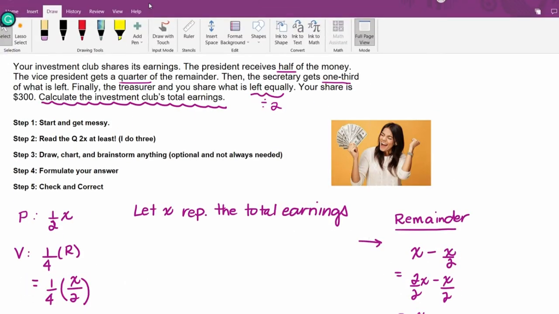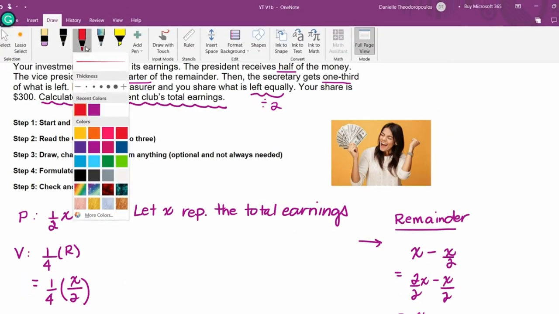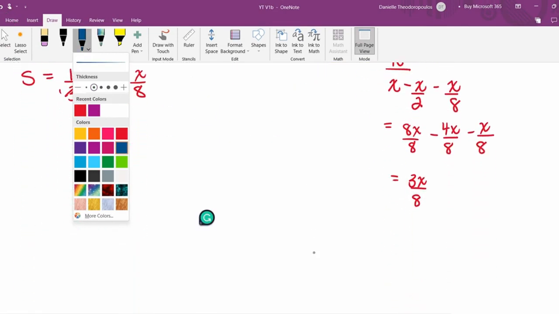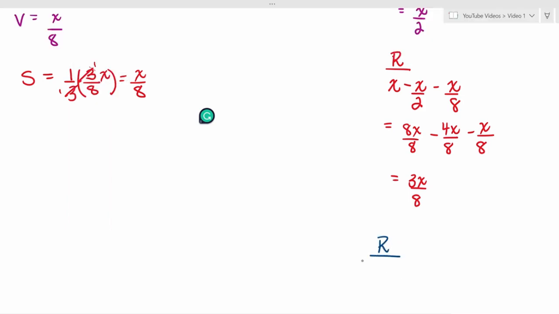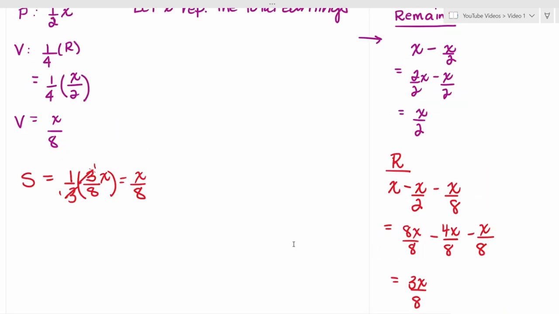Okay, we need to go for another color here because we need to get another remainder. What is left after these people all take their share? So a new remainder. What's the remaining piece for us? We are going to take the full amount, x, minus out the president's portion, minus out the vice president's portion, which was x over 8, and then minus out the secretary's portion, x over 8.